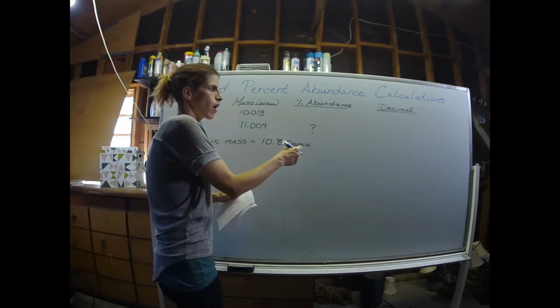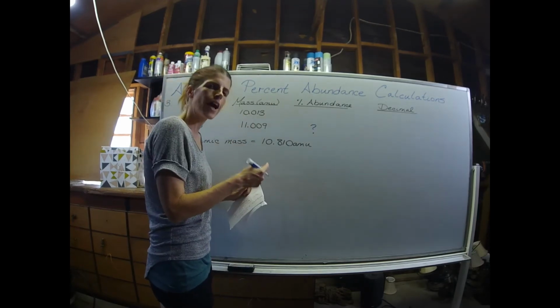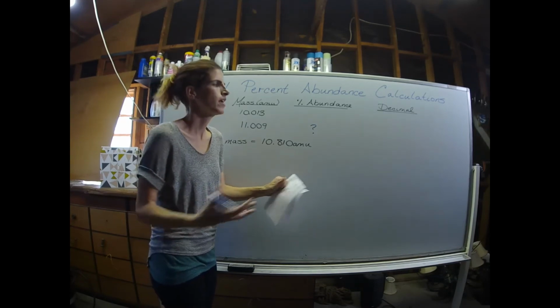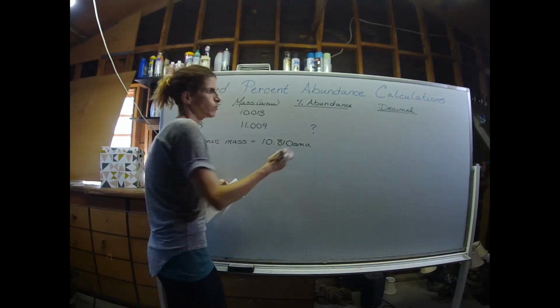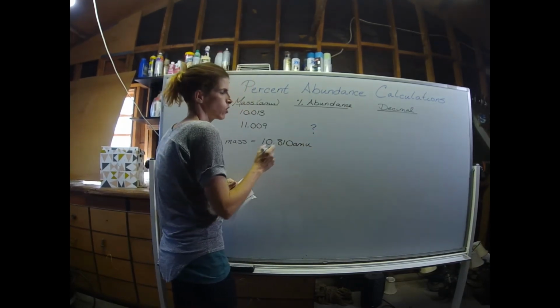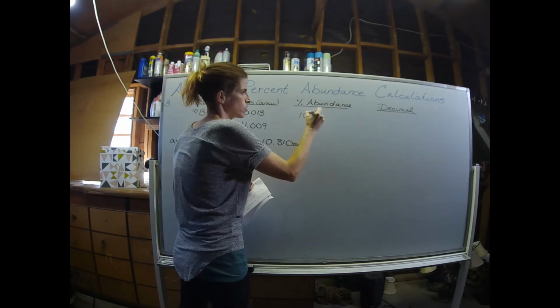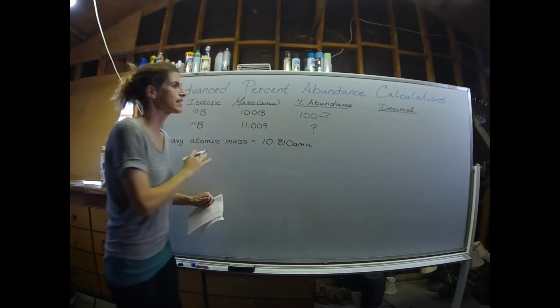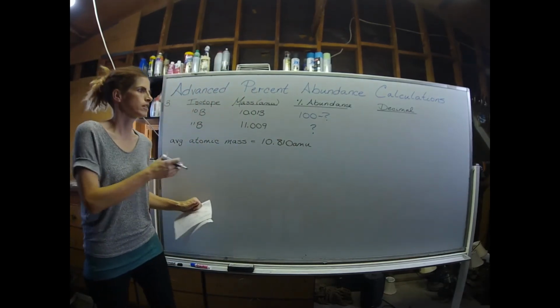In previous problems, we took advantage of the fact that all of the percent abundances had to add up to 100%. Same thing holds true here. Both of these have to add up to 100%. So I can do 100% minus question mark, and that's going to give me the percent abundance of boron 10.